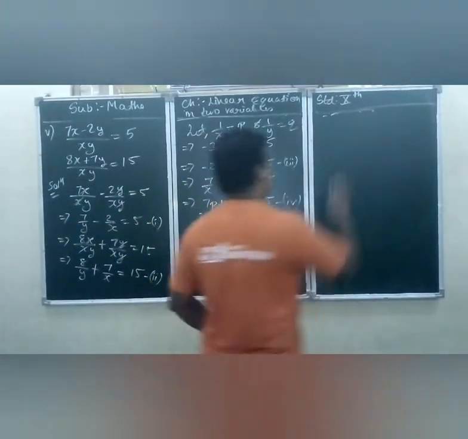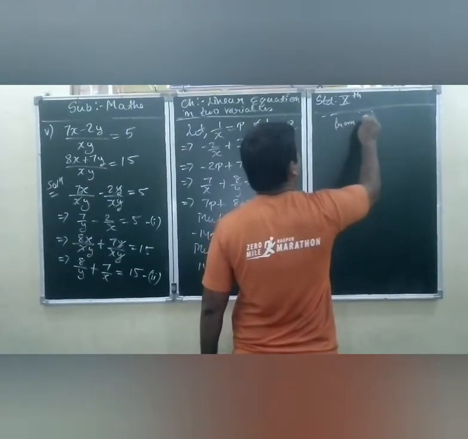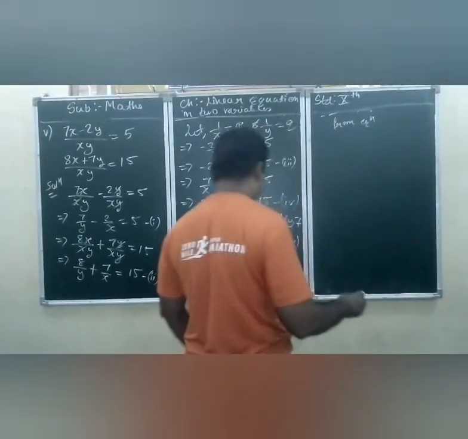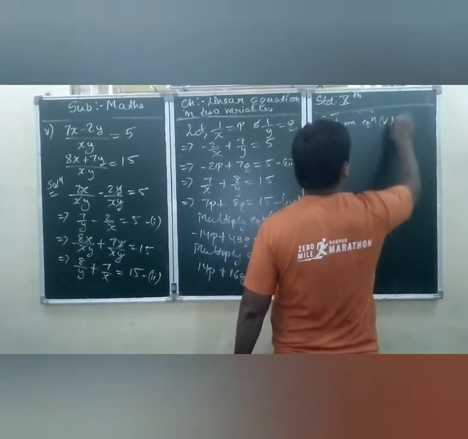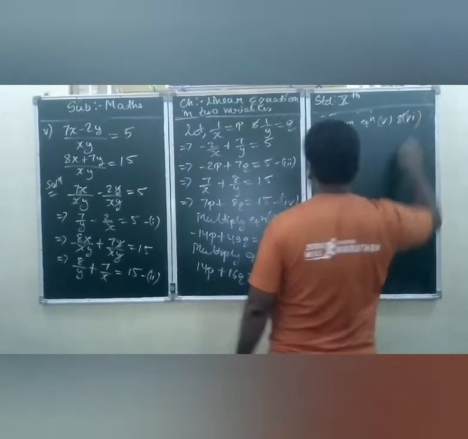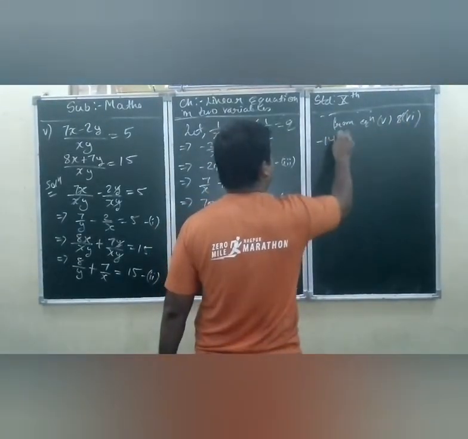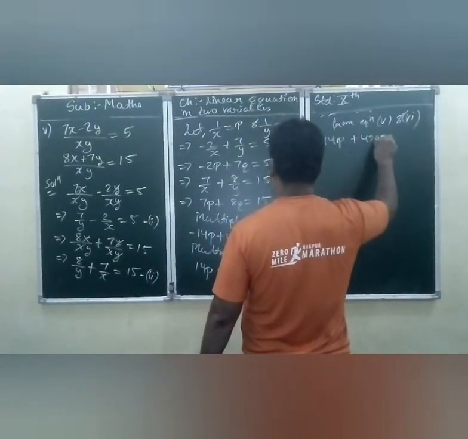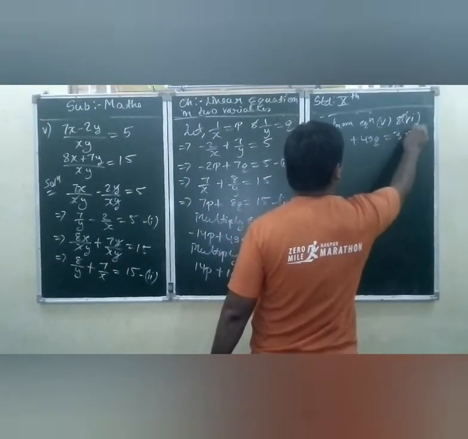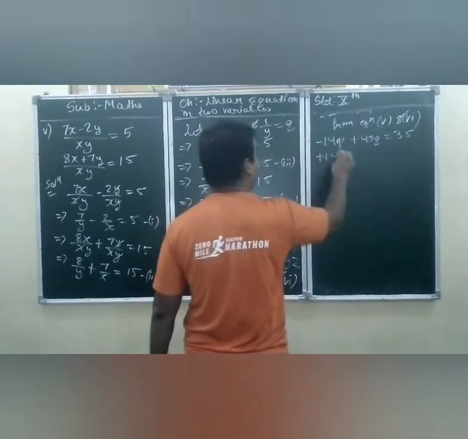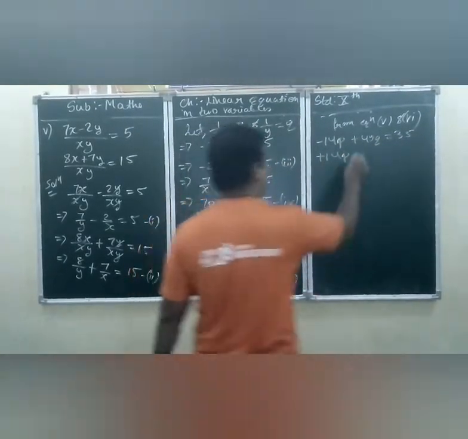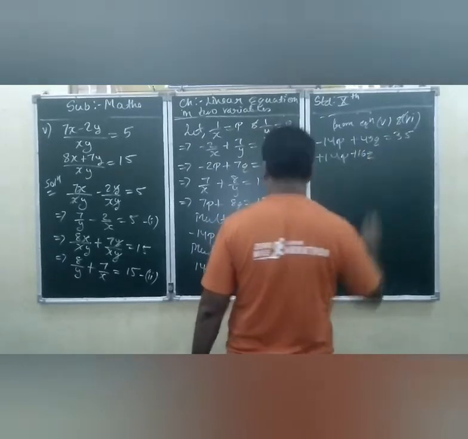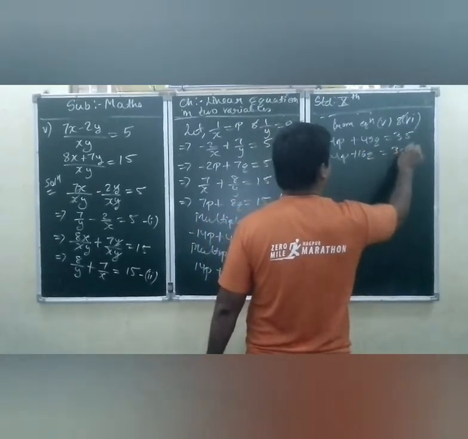So now from equations 5 and 6: minus 14p plus 49q is equal to 35 and plus 14p plus 16q is equal to 30.